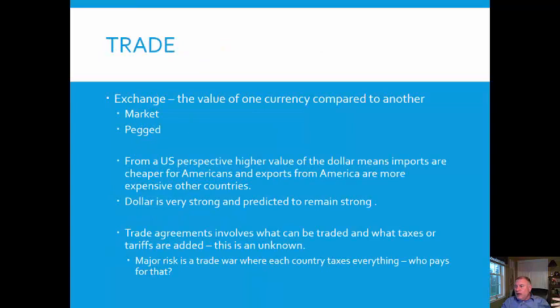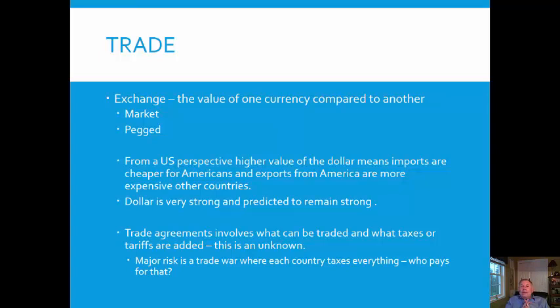And when you look at trade, an exchange rate is simply the value of one currency compared to another. It's either a market or it's pegged to something else that it moves in relationship to, say, the US dollar. From a US perspective, the higher value of the dollar means imports are cheaper for Americans and exports for America are more expensive in other countries.